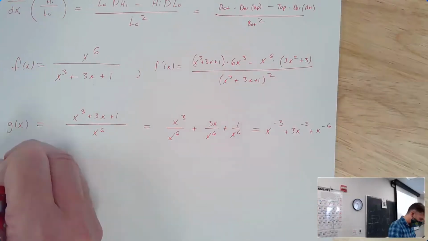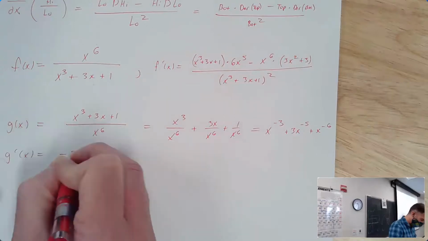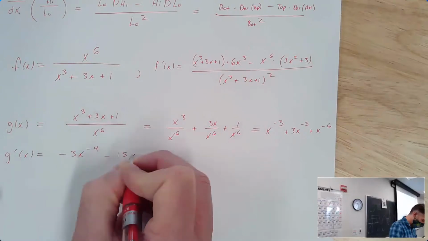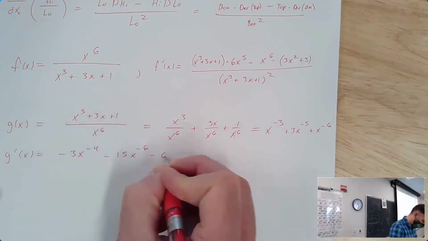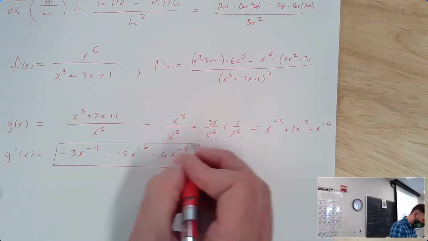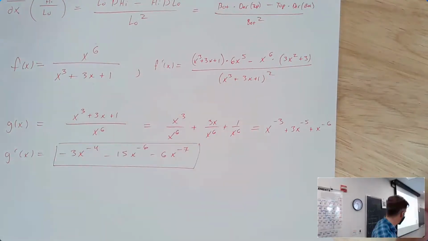And then the derivative is going to be negative 3x to the negative 4th minus 15x to the negative 6th minus 6x to the negative 7th. To me, that feels like less work than using the quotient rule. You could also use the quotient rule, though. It wouldn't be terrible.